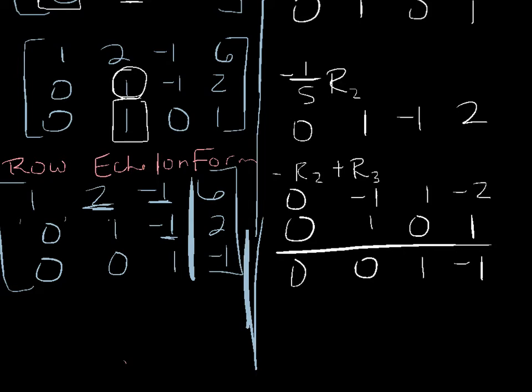So to get rid of this negative 1 right here, I'm going to use row 3 to do that. So row 3 plus row 2. Notice I don't need to multiply by anything, I can just add them. So row 3 is 0, 0, 1, negative 1, and 0, 1, negative 1, 2.